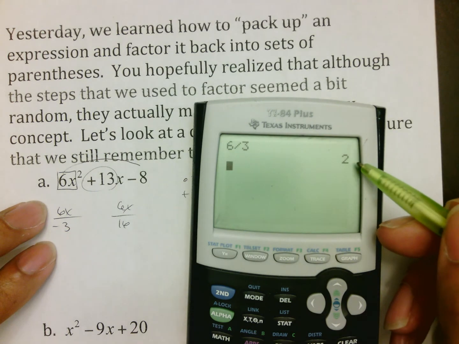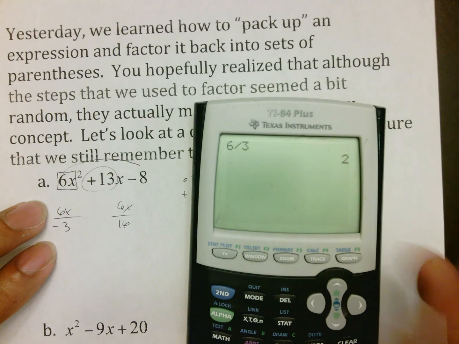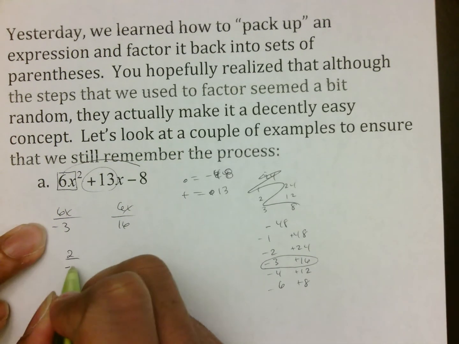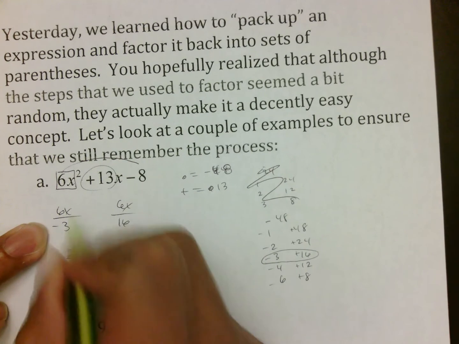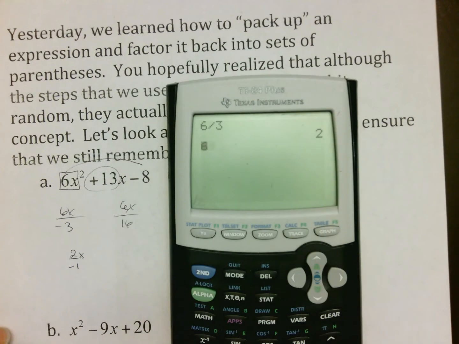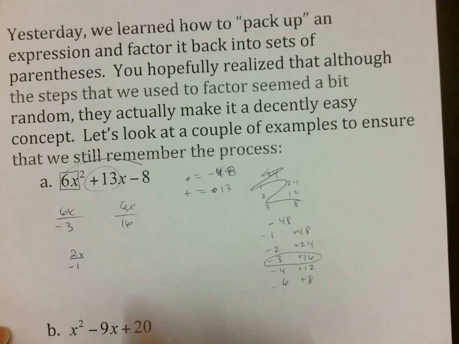And remember what that means, that this is a fraction, so it's got to be 2 over 1. And again, the negative was there, it's going to stay there. So remember, it turns into 2x over negative 1. I am then going to do the same thing with 6x and 16. So 6 divided by 16 gives me the fraction 3/8. So this is going to be 3x over 8.